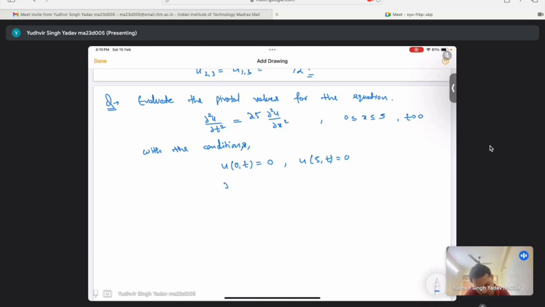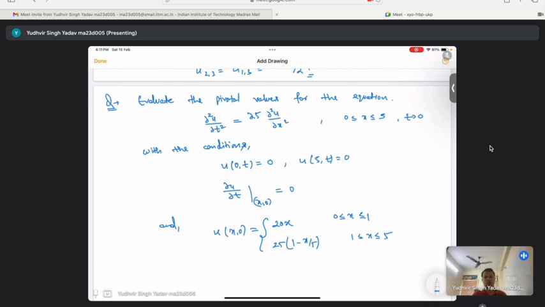And the initial conditions are, one is u_t(x, 0) will be 0, and the another initial condition is u(x, 0) is equals to 20x when x is from 0 to 1, and 25 times (1 minus x by 5) when x is 1 to 5.